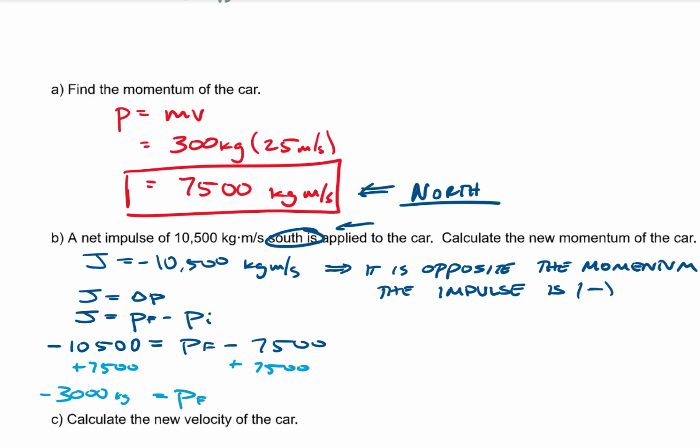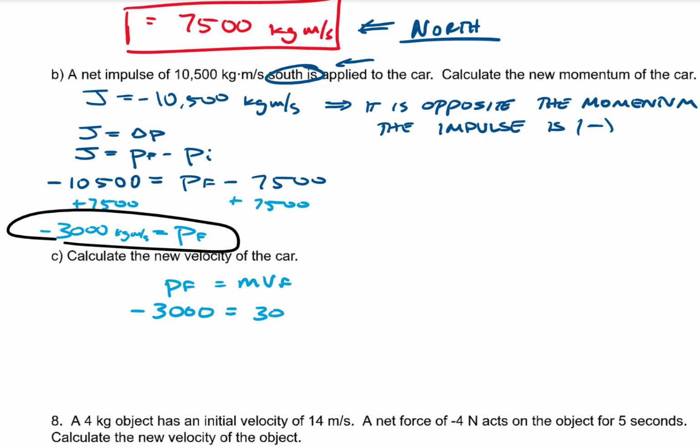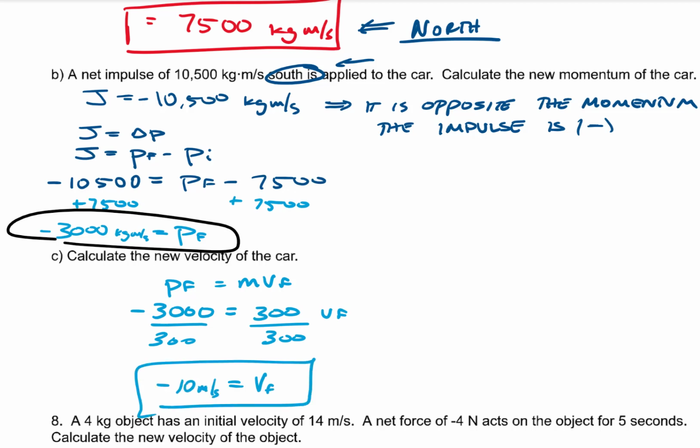Now I want the new velocity of the car. I know that final momentum is equal to mass times final velocity. So negative 3,000 is equal to 300 V F. Divide both sides by 300. And my final velocity comes out to be negative 10 meters per second. And again, that negative sign just means we're going in the opposite direction from what we started.